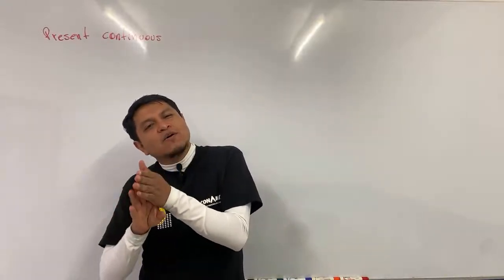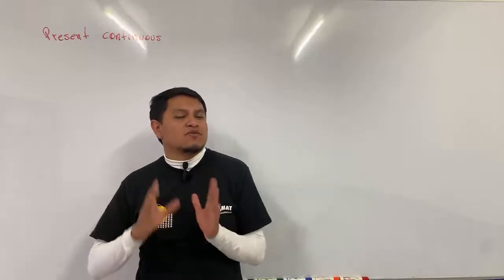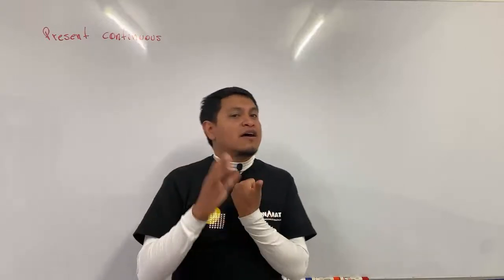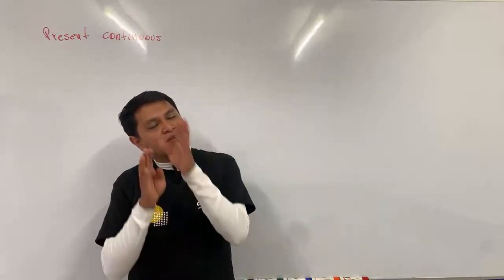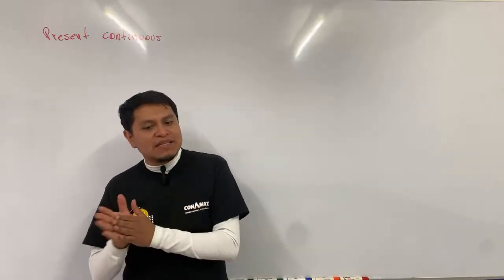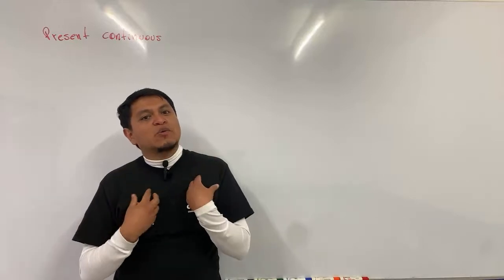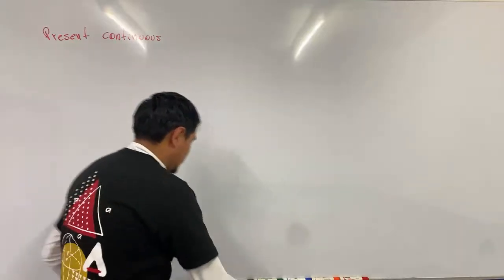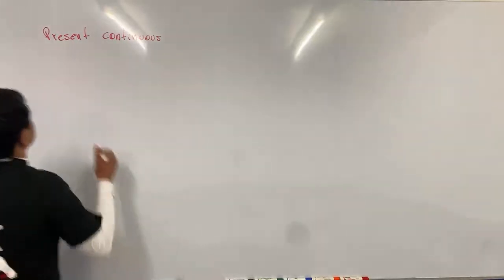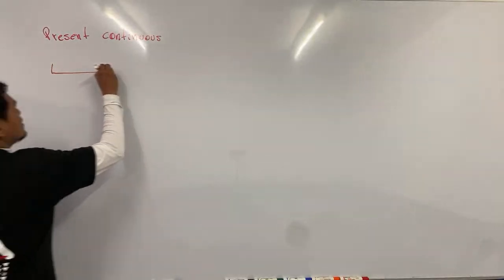And what is the present continuous? The present continuous is actions that are happening in this moment, in the present moment while I'm speaking, right? I mean, check this, like this.